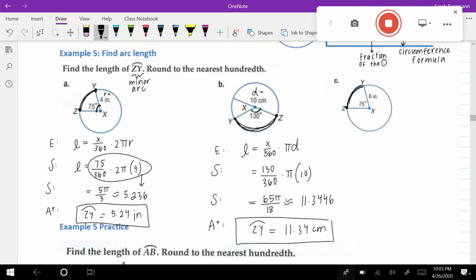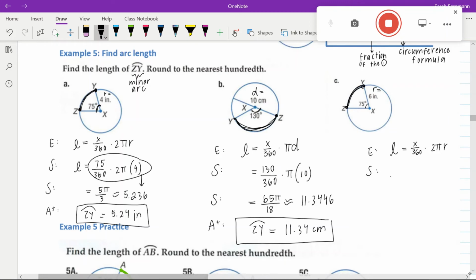Finally, for part C, I'm sure you guys are catching on by now. The equation should be L equals x over 360 times, since they gave us the radius, 2 pi r. Substitute in, the central angle measure is 75 degrees.